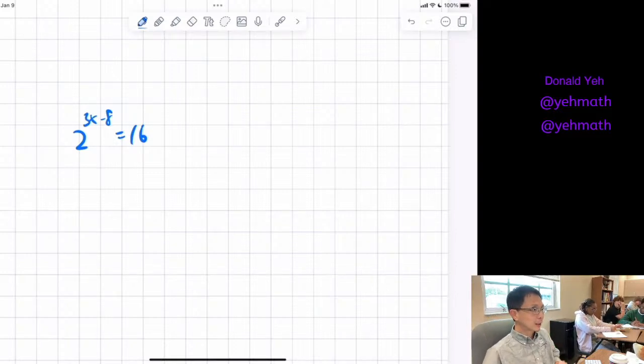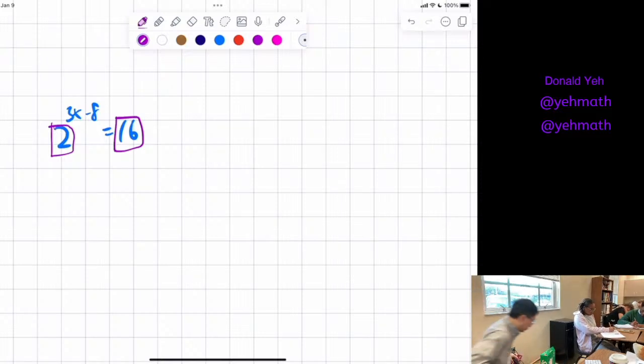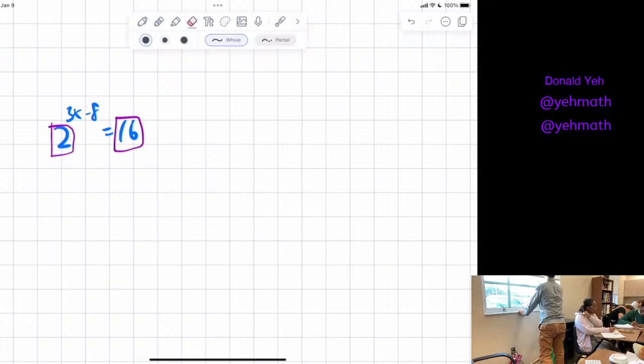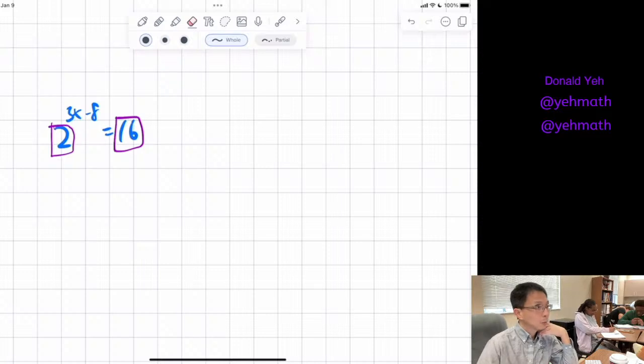I see some good keywords. Austin says, I can change base. Do you see this base? They have something in common. 2 and 16. What do 2 and 16 have in common?